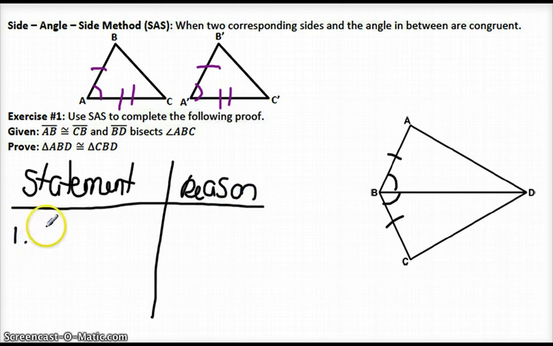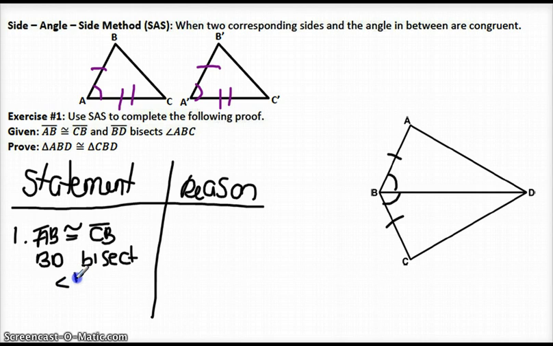So the first thing we always write down is everything that's in the given. So I have AB, the segment, is congruent to CB, and I know that BD is going to bisect the angle ABC. Okay, and that's my given.